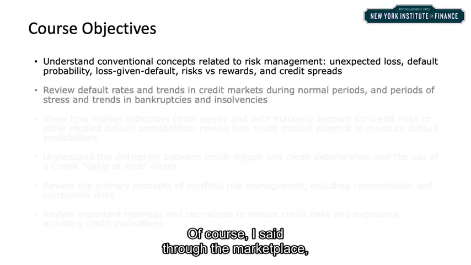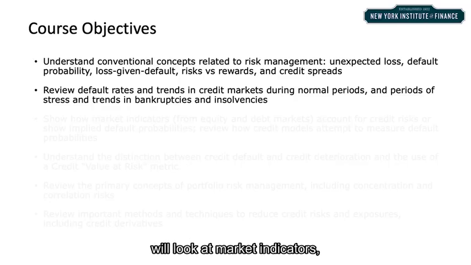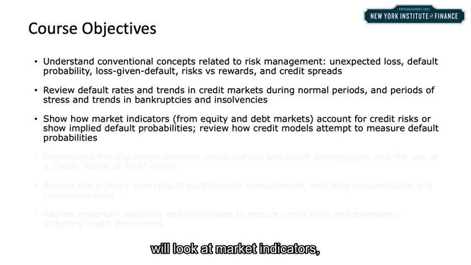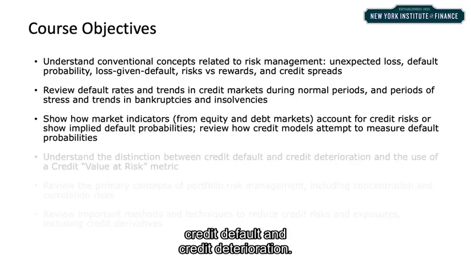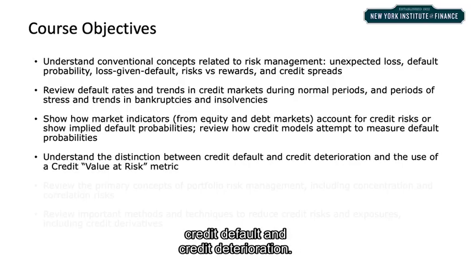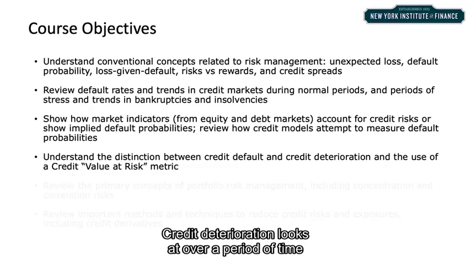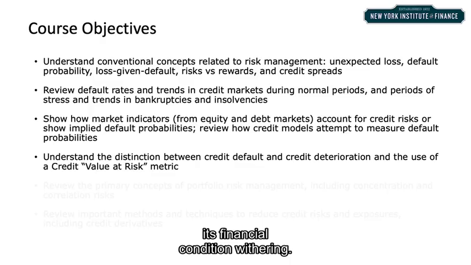We will look at, of course, as I said, the marketplace. We'll look at market indicators. We'll introduce the concept also of credit default and credit deterioration. Credit default relates to non-payment, specific non-performance. Credit deterioration looks at whether, over a period of time, the borrower or counterparty's financial condition is withering.